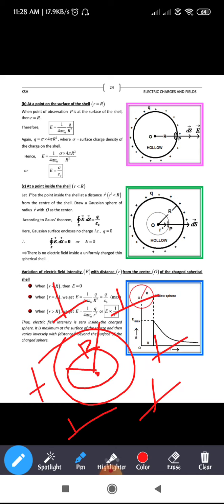We take a small area element, directed towards the right. Just a minute. While explaining, I said we are going to find the electric field at the center of this spherical shell, but sorry, it should be on the surface of the Gaussian surface.